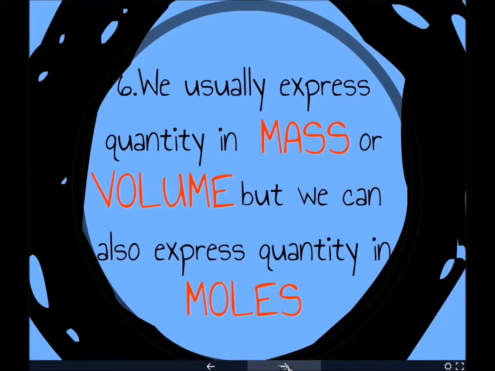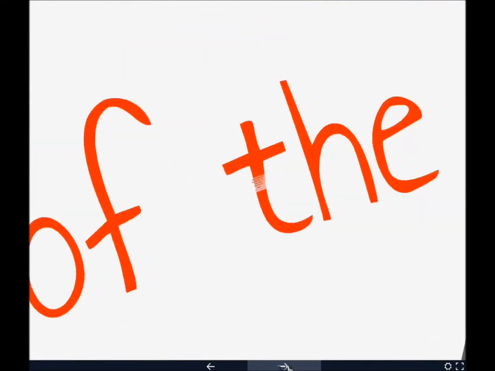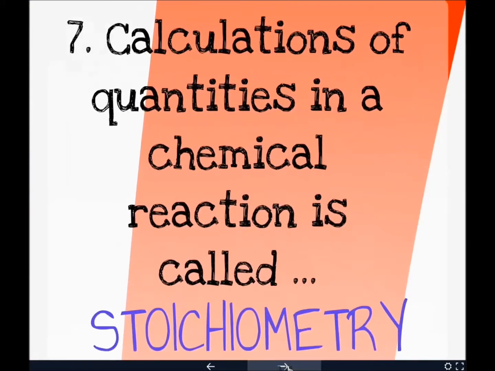We usually express quantity in mass or volume. We can also express quantity in moles, though, remember, from a couple chapters ago. That's going to be really important here. So these calculations of quantities in chemical reactions is called stoichiometry.